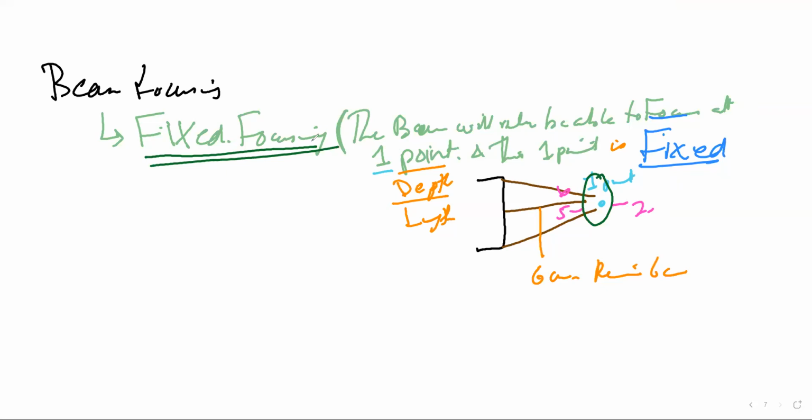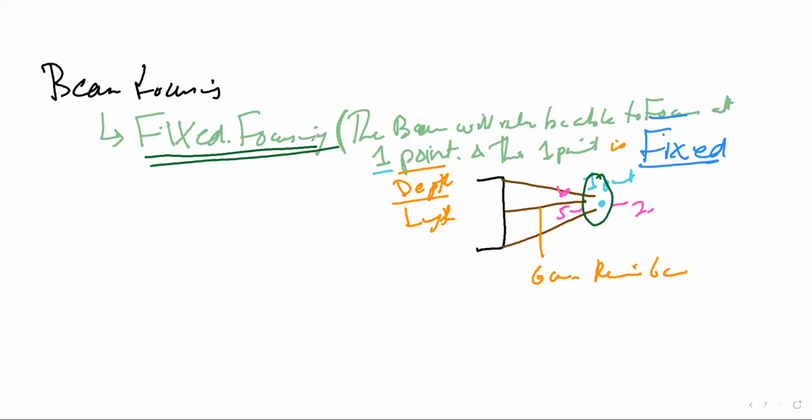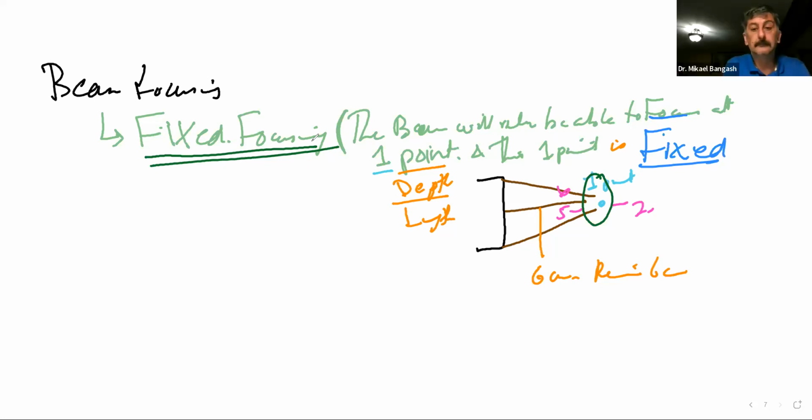So because it's fixed, that means it's constant. It's not going to change. Because it's 6 centimeters, it will remain 6 centimeters. Exactly. If it was 2 centimeters, it remains 2 centimeters, or 5 centimeters, it remains 5 centimeters. It remains fixed.